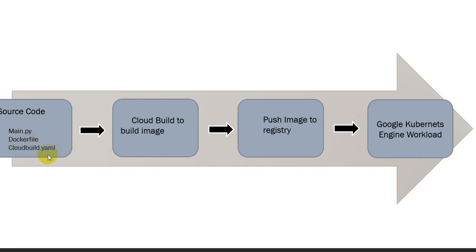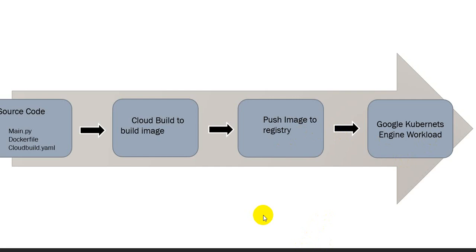The cloudbuild YML file is required to create the automated process, like it will create the image. Once it has created the image, it will push the image to the container registry in Google Cloud, and that image would be applied in our workload.